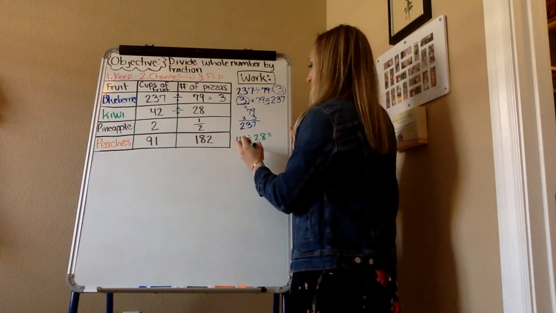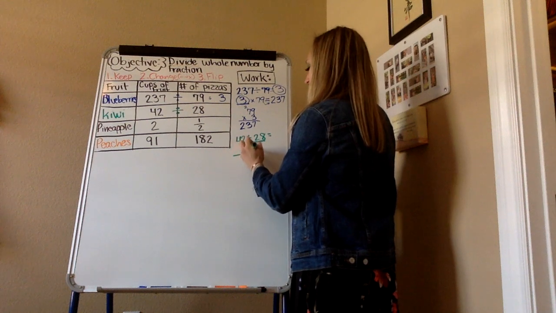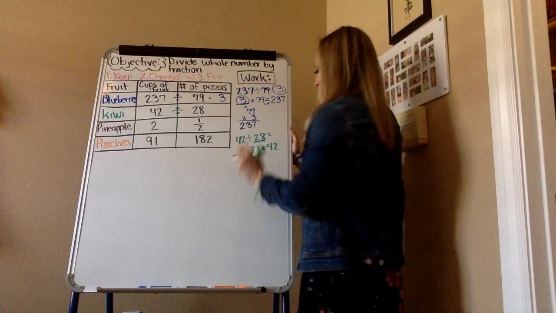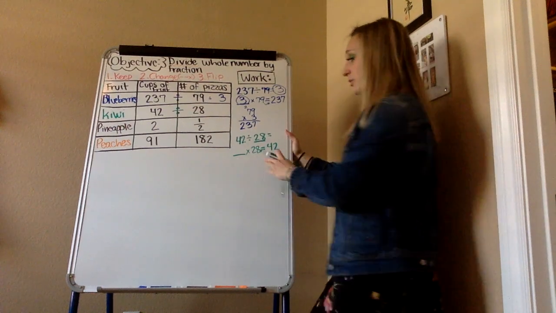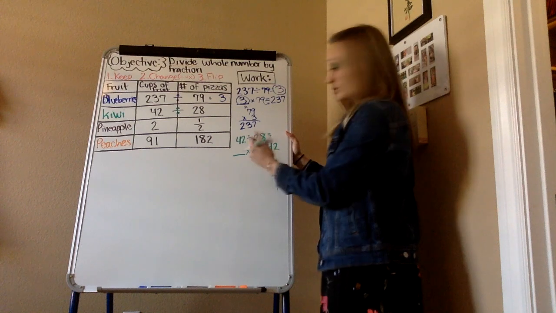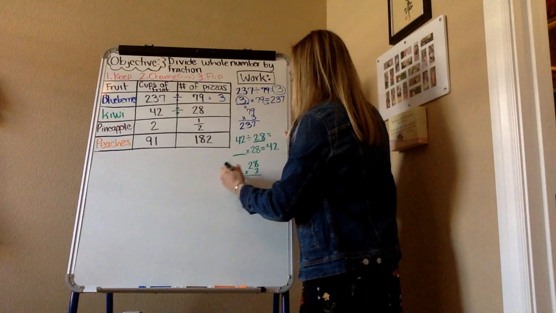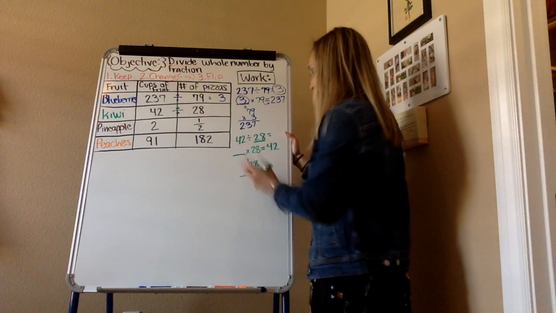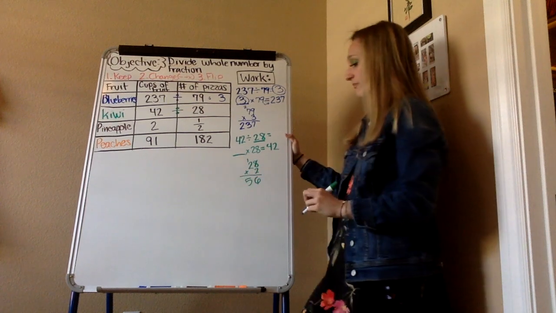I'm trying to figure out what times 28 equals 42. Well, I know that 20 times 2 is 40, so I'm going to try 28 times 2. It's got to get me close. 8 times 2 is 16. 2 times 2 is 4, plus 1 is 5. 56.